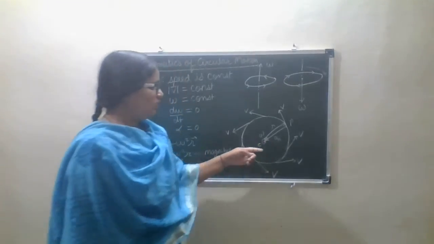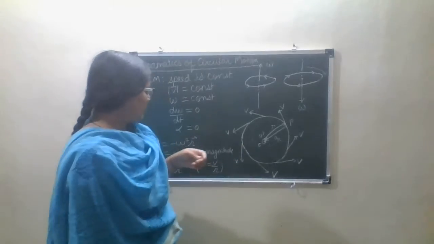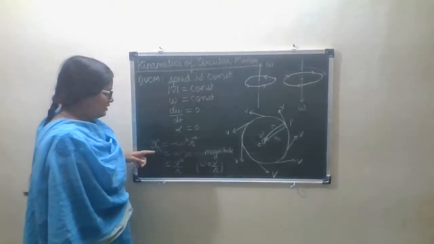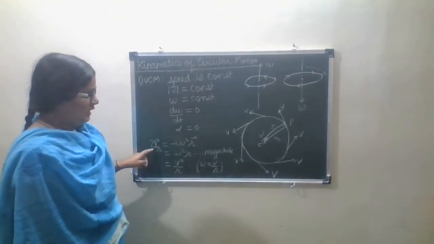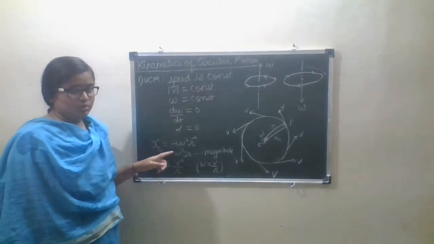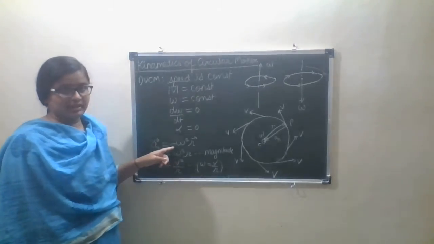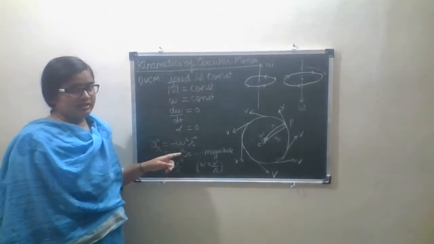Now we have to find the centripetal acceleration. The centripetal acceleration is denoted by a suffix r. Here a_r is equal to minus omega square r. In vector form it is taken as minus. Why is it minus?